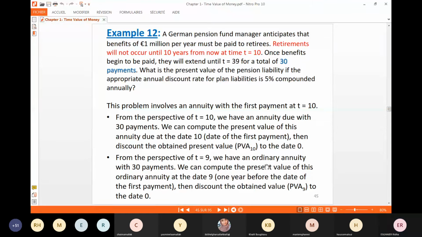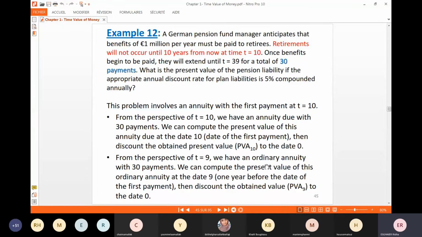Once benefits begin to be paid, they will extend until t equals 39. So from 10 to 39 we have 29 years, but 30 amounts to be paid.